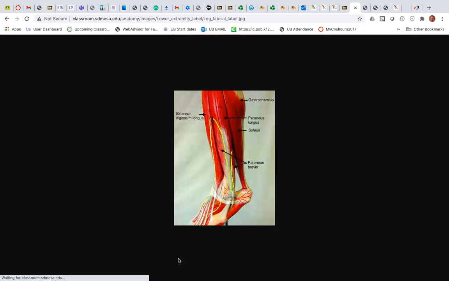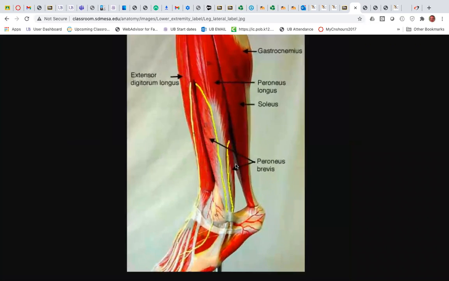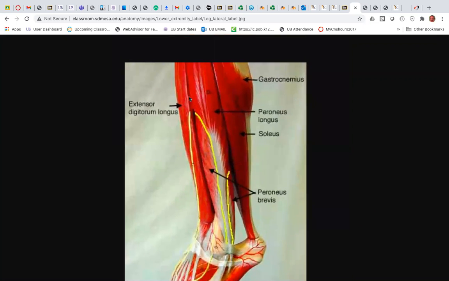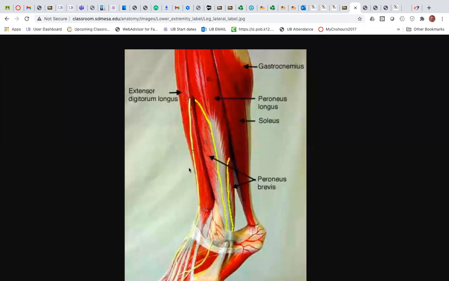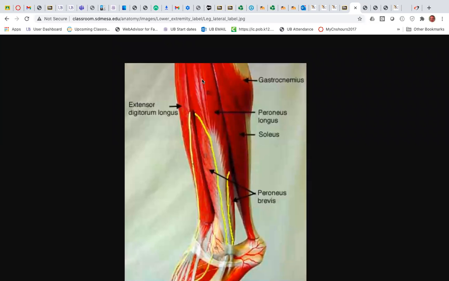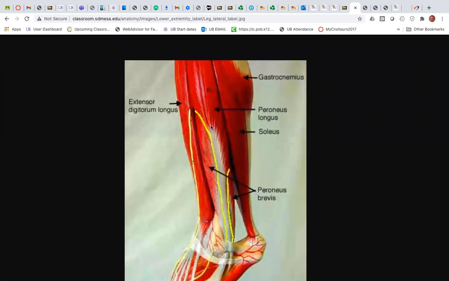Let's look at it from the lateral side now. So now we can see the extensor digitorum longus. Again, not the best view to see a belly of the muscle that's on the anterior leg, but you can at least see the belly of the muscle, not the best to see the tendons. Here is the peroneus longus. It's the superficial lateral leg muscle.